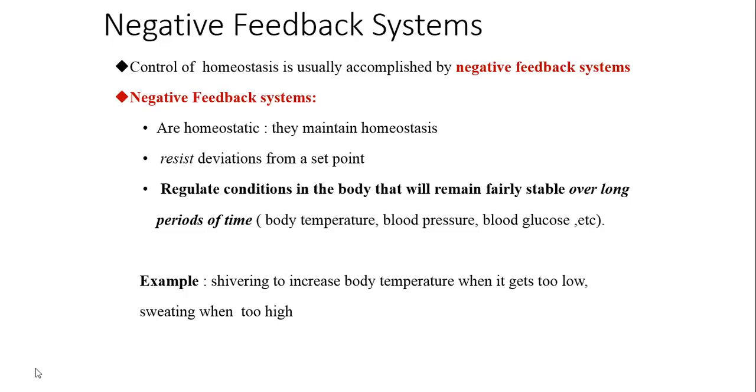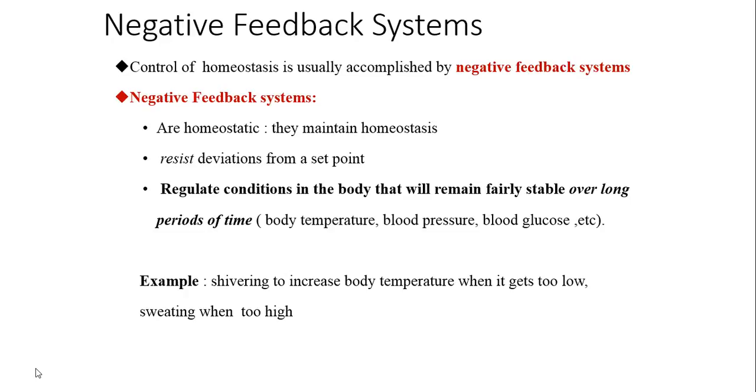And here, again, we'll use body temperature as our example. Shivering will increase body temperature when it gets too low, and sweating will get rid of body heat when the temperature is too high.